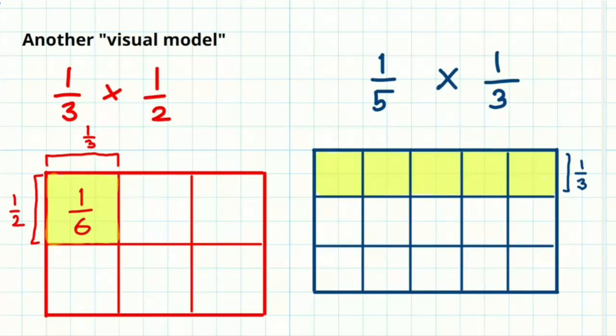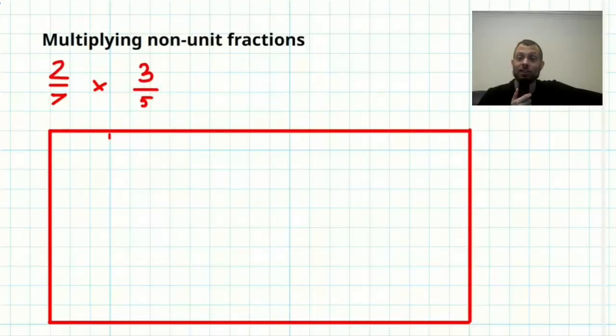You can see in total we've got 5 times 3, 15 equal parts, and we're only including one of them. So the answer is 1/15.